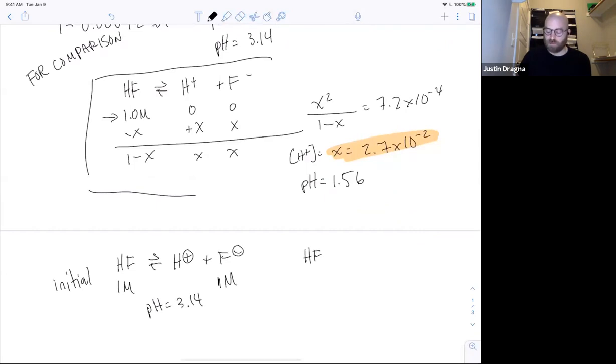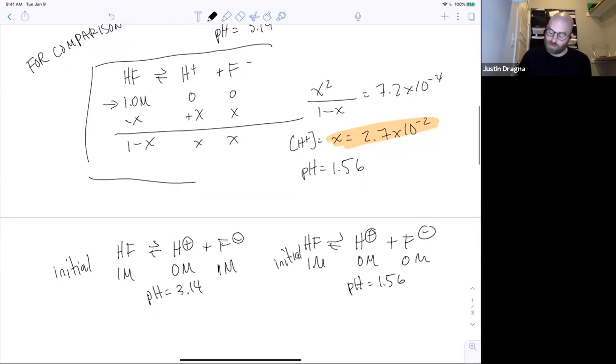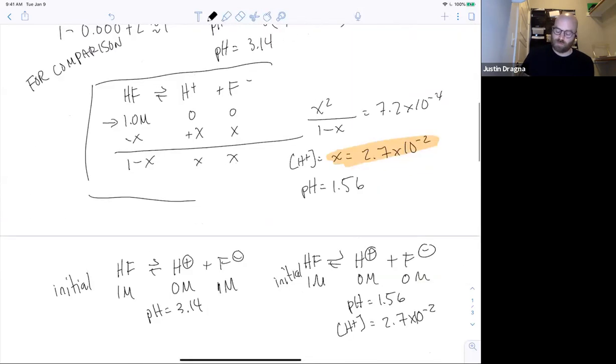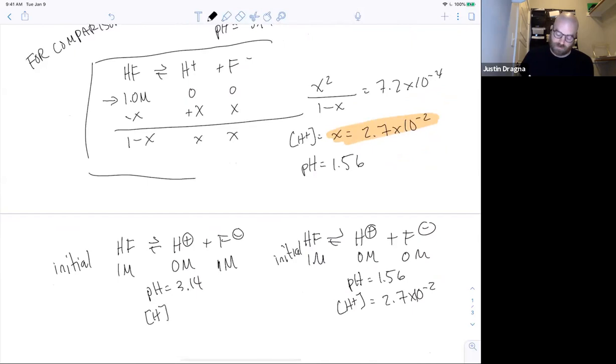If we work a different problem, where our initial concentrations are this, we end up with a pH equal to 1.56. This corresponds to a hydronium concentration of 2.7 times 10 to the minus second. And this corresponds to a hydronium concentration of 7.2 times 10 to the minus fourth. And so what we see is that we can affect the amount of acid that dissociates.